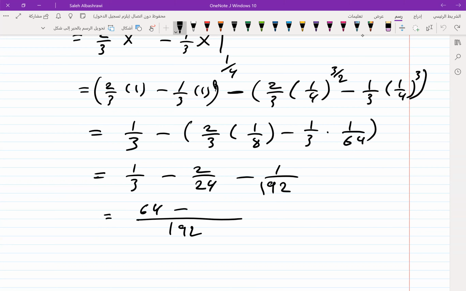Just use the calculator for this one. 192 divided by 24, just multiply by 8, that is 16, minus 1.